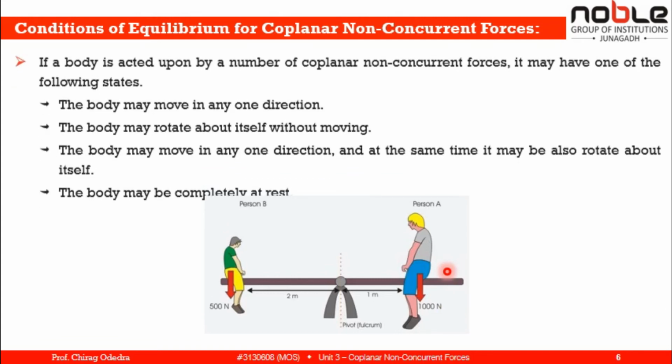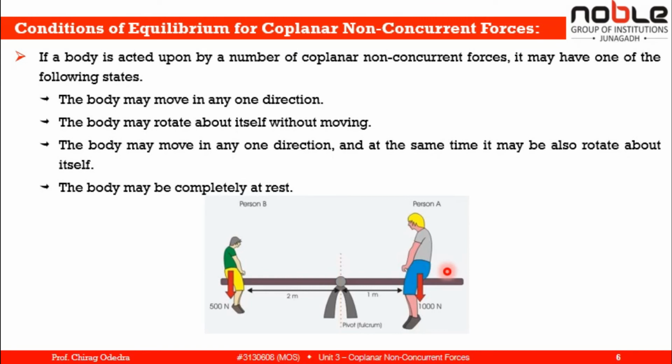Now if we want to talk about equilibrium for coplanar non-concurrent forces, the body has one of the following states which I have mentioned here. First, the body may move in any one direction. Second, the body may rotate about itself without moving.